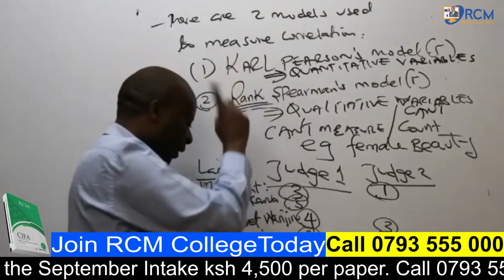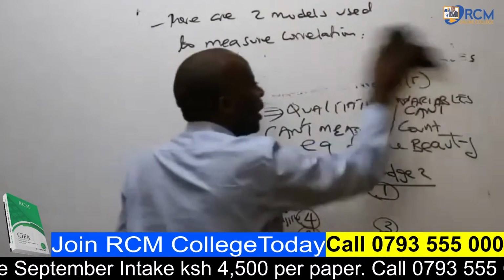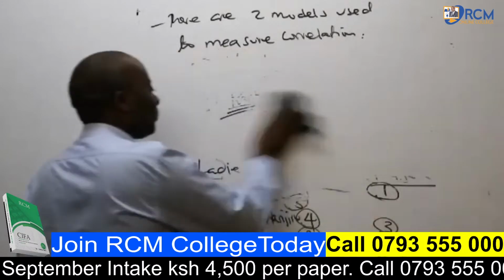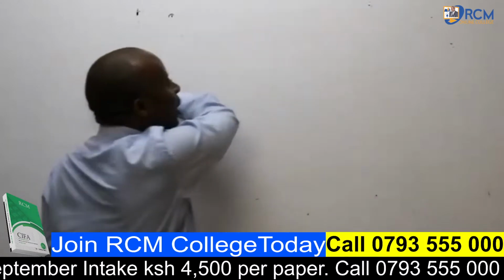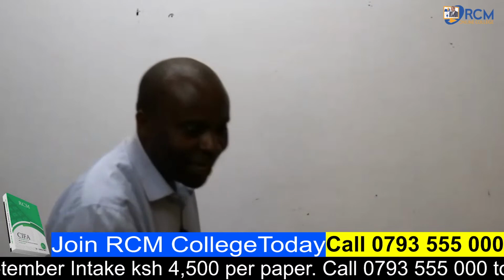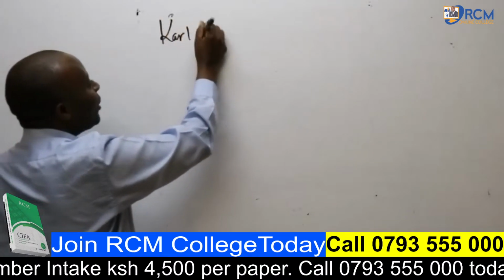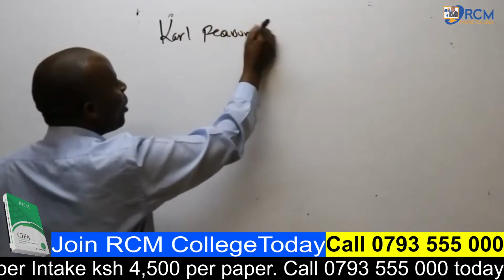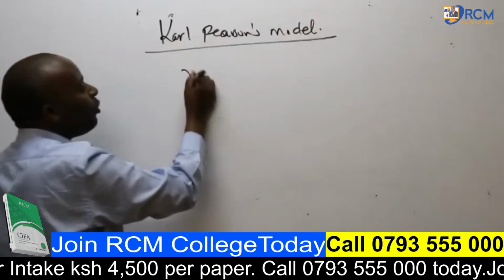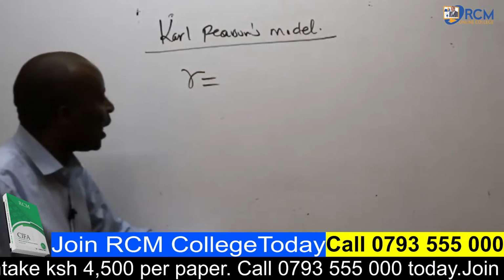Ladies and gentlemen, let's get back here. Please write for me Karl Pearson's model. For Karl Pearson's model, I need to know the formula of getting r.